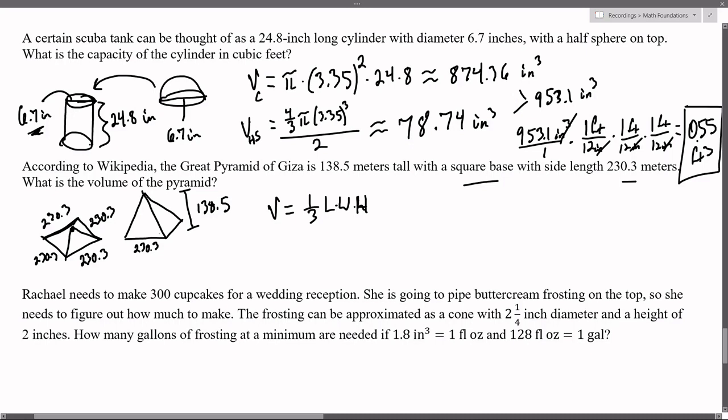It's 230.3 times 230.3, or 230.3 squared, times the height measurement. The height was 138.5. Okay, so let's actually calculate that.